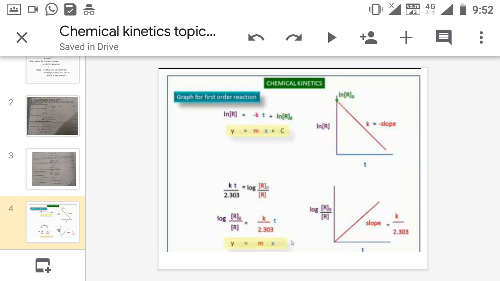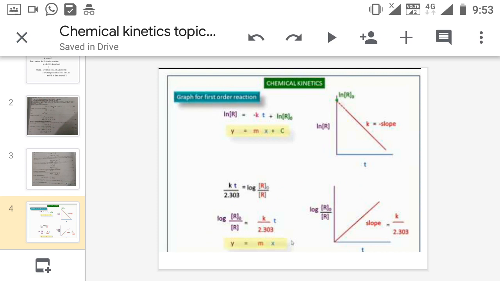Okay, so on the y axis we are plotting log a0 by a minus x, or log R0 divided by R. On the x axis we are plotting the change in time t. Okay, so there is no intercept, so the straight line passes through the origin. So we can draw the graph like this.